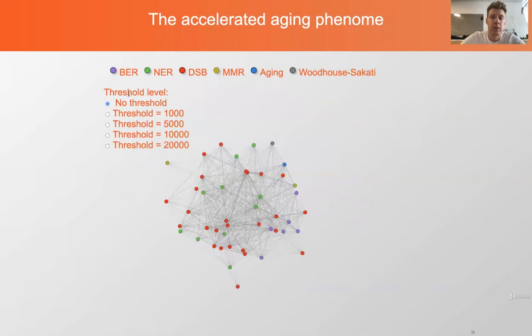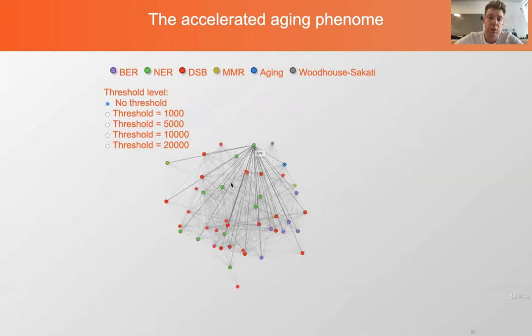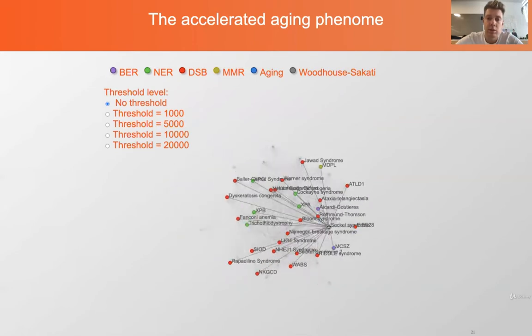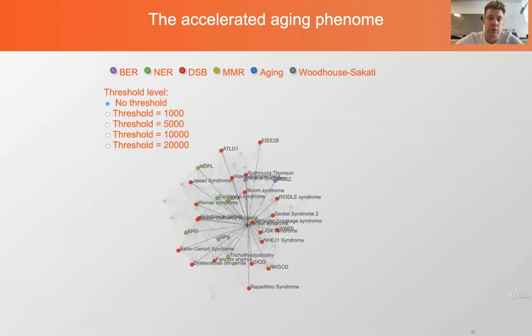Another way to look at it is looking at the overlap in features between diseases like this. So each dot here is a disease, and connecting lines between dots indicate that the diseases are associated with each other. And here we also see that there's not a great correlation between the different diseases.